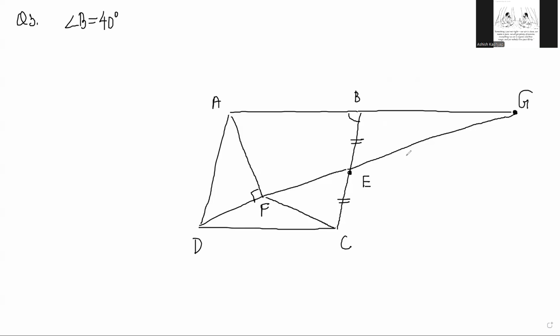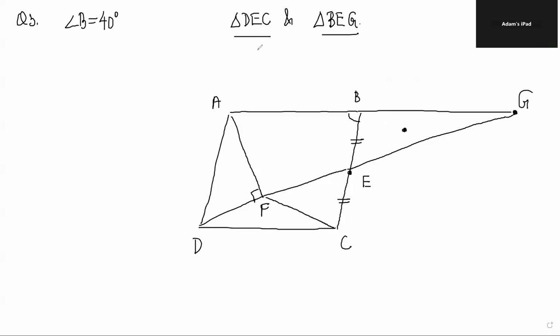So now let's look at the triangle BEG and the triangle DEC. What we know for now is that vertically opposite angles are equal, and we know that this angle is 140 degrees and this angle is 140 degrees because it's a parallelogram, a rhombus, right?